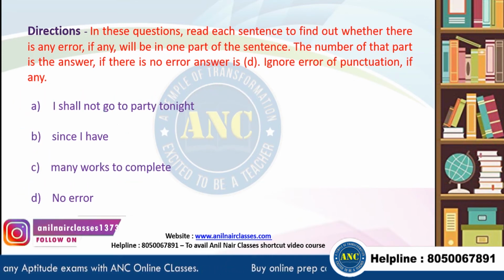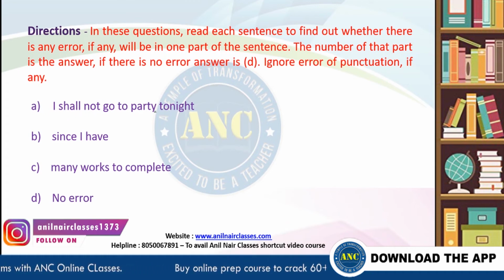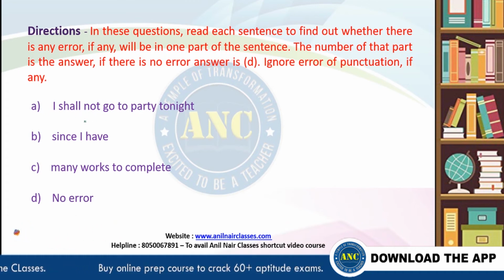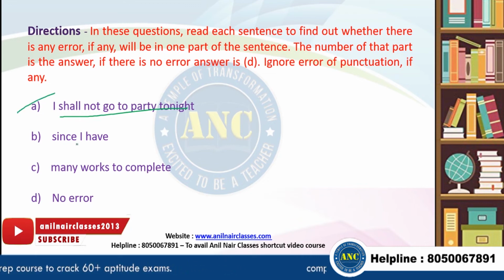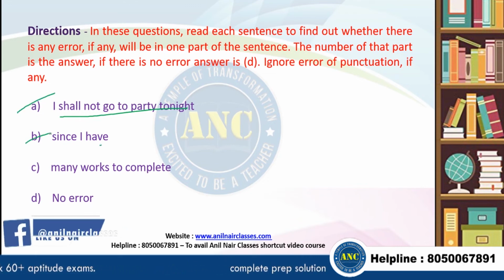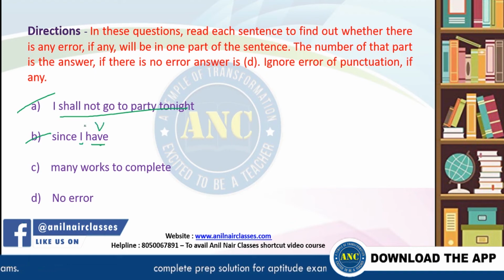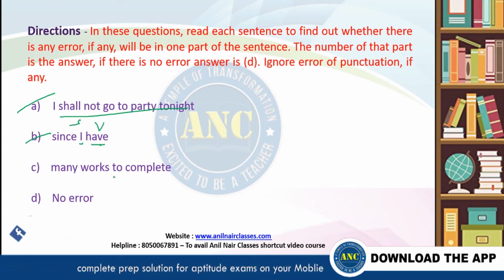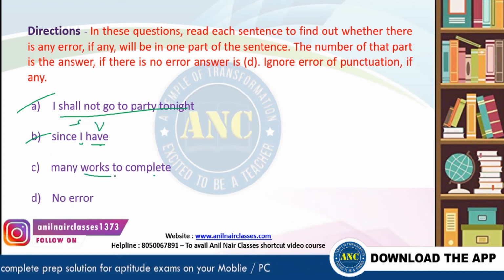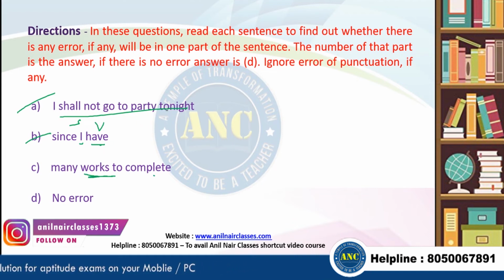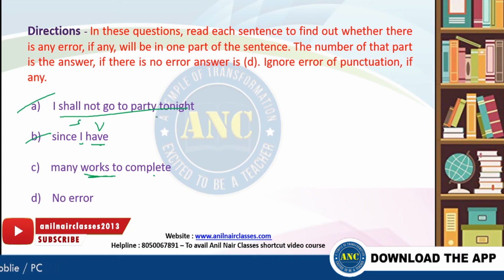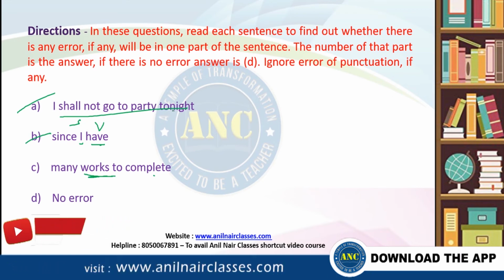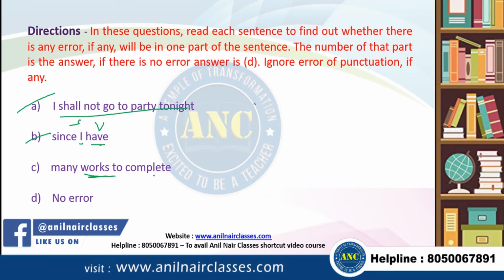Next question. I shall not go to party tonight. Fine, don't go. Everything is fine grammatically over here. Get rid of A. Since I have, that is fine. I subject, have is the verb. Many works to complete. This works. We have discussed the words which are present in singular and plural form, one meaning in the singular form, another meaning in the plural form.